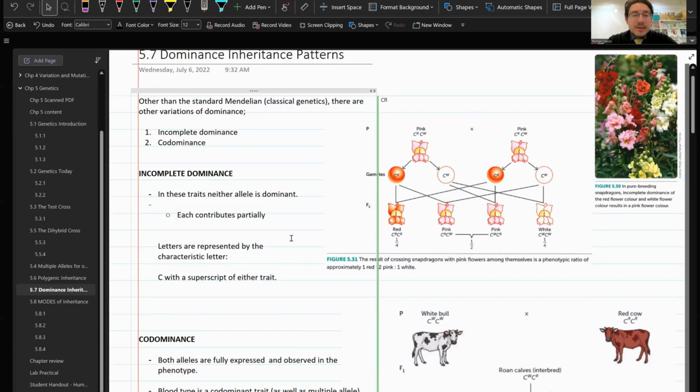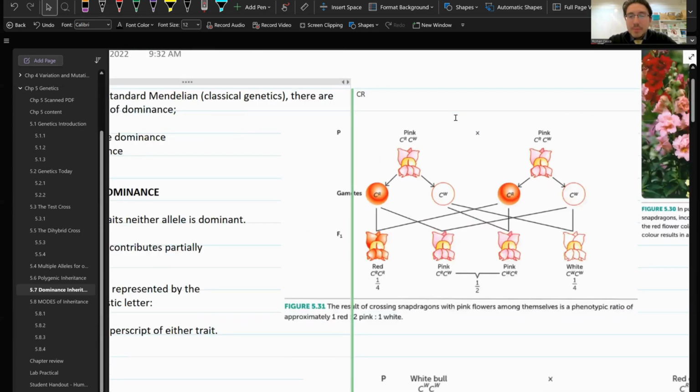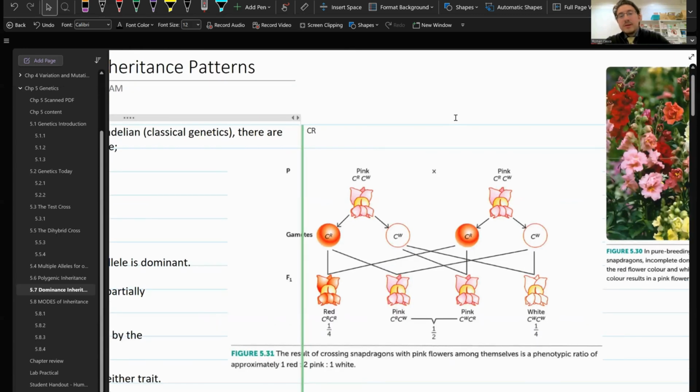Here you have this little notation, but that's not as important, where you just have a characteristic C that is either red or white. You can't really call it dominant, and you can't say it's a capital C and lowercase c, because there is really no dominance. That's what I'm trying to mention here.